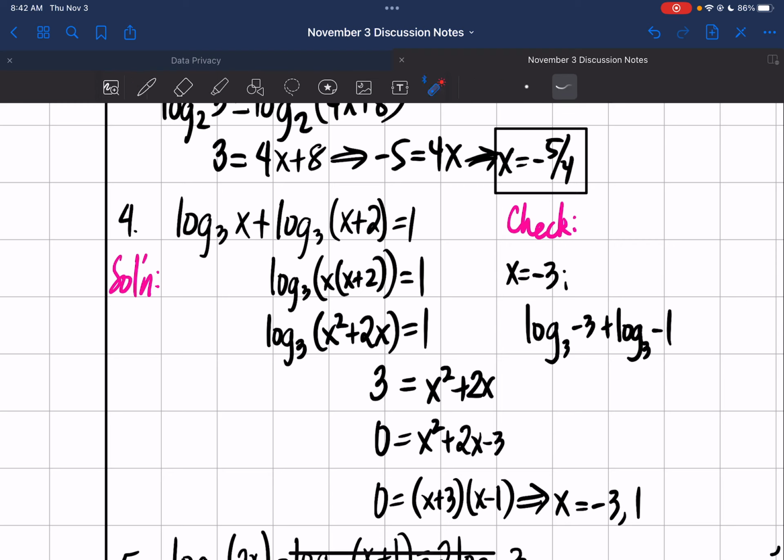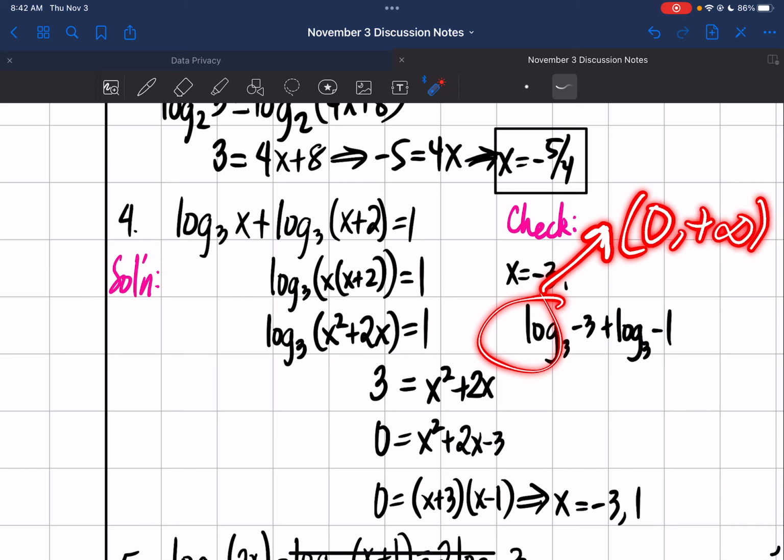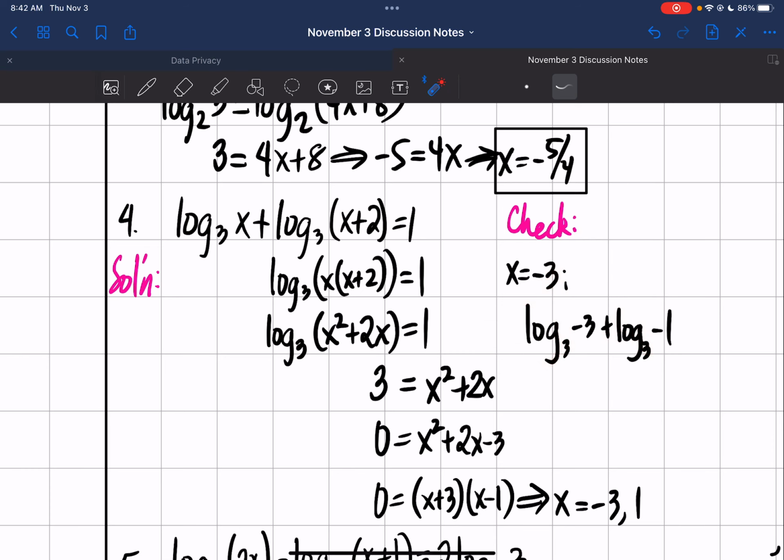However, if we remember, class, the domain of the logarithmic function is 0 to positive infinity. But what we have here are negative numbers. So this means negative 3 is extraneous. It is not included in our solutions.